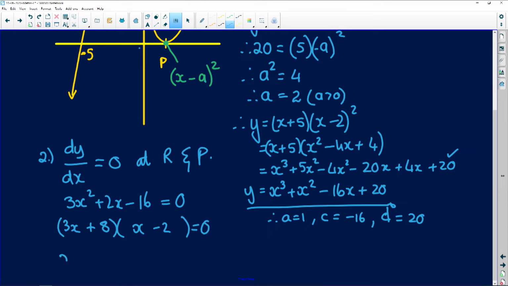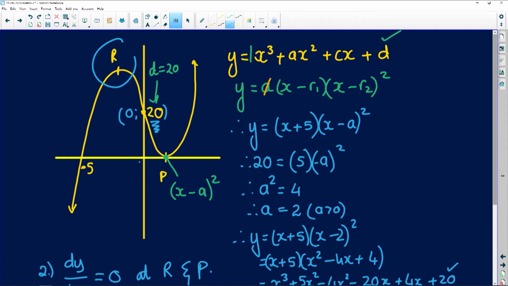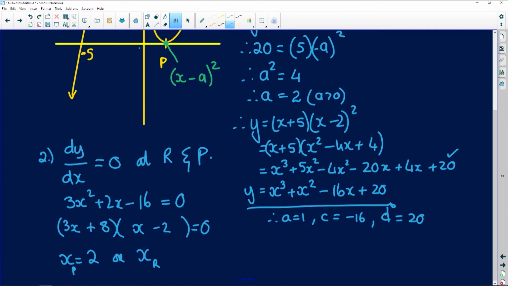So here we go. The one point is at 2, and this is the x coordinate of point P. Then the x coordinate of the other turning point, which is this point over here, point R on our diagram, that x coordinate, and it's an ugly one, is minus 8 over 3. Now folks, they didn't just ask us for the x coordinates, they asked us for the coordinates of the turning point. So we need the y coordinate.